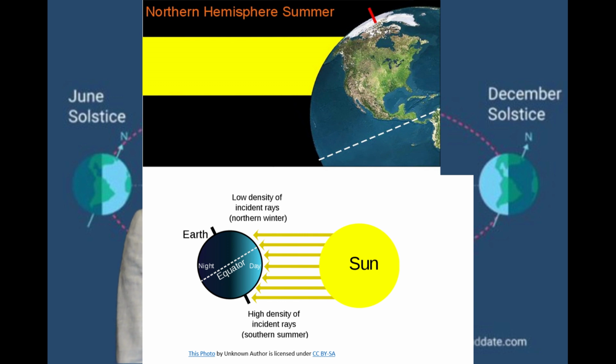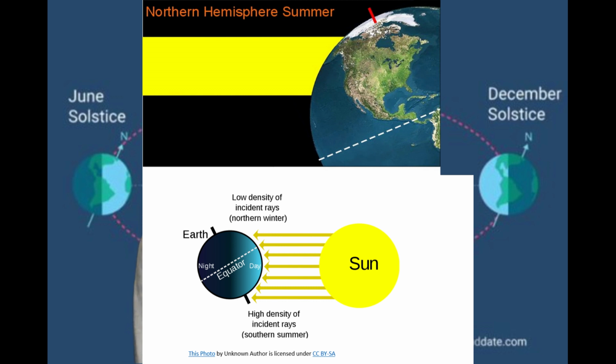Take a close look at this illustration. Notice the summer, how the rays of the sun are focused. The sun's rays are really direct on the areas above the equator, the imaginary line at the center of the earth.